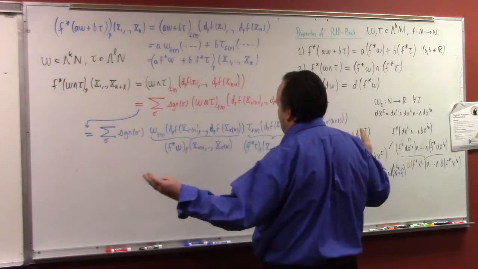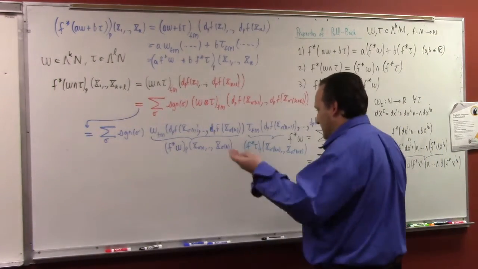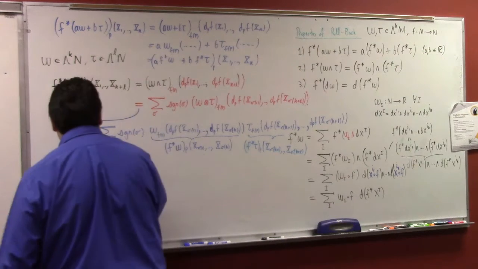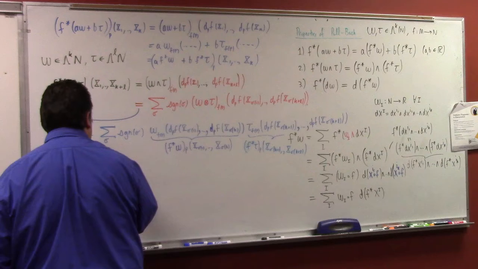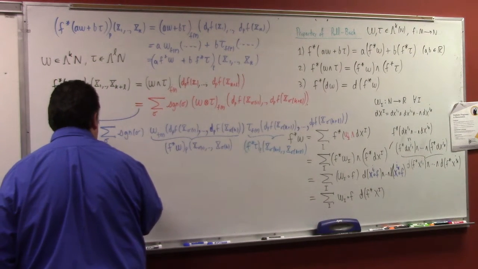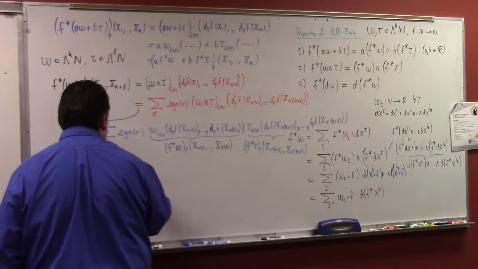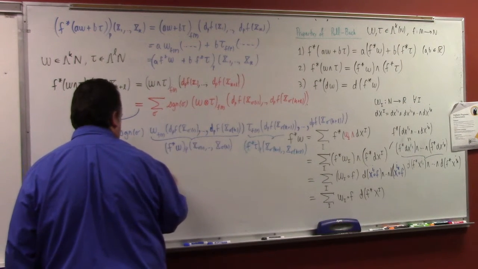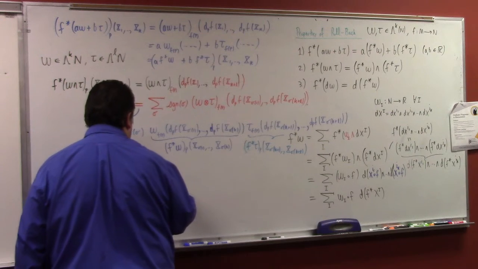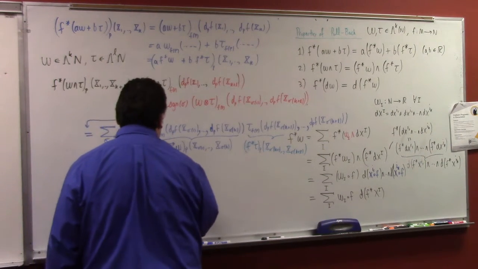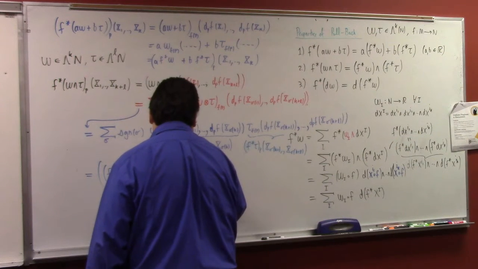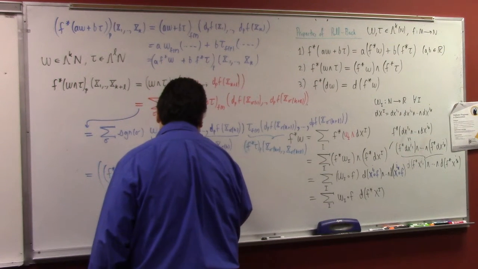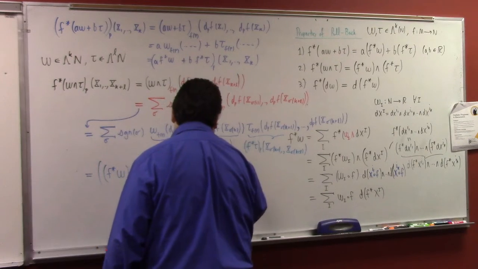It's a completely anti-symmetrized product of all these things, which means that that is equal to f star, pullback of omega at p, wedge the pullback of tau at p, all of that acting on the tuple x1 to x k plus L.